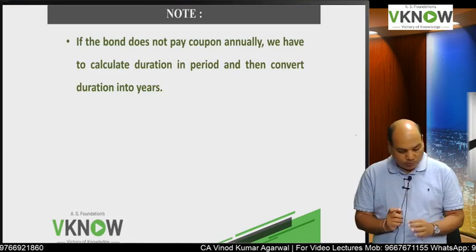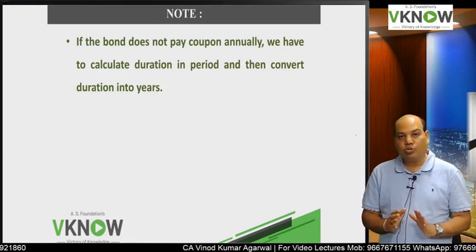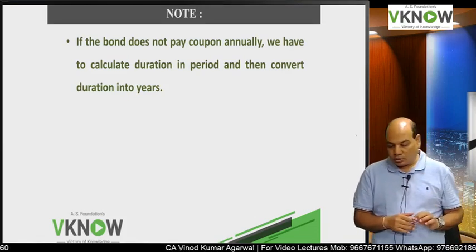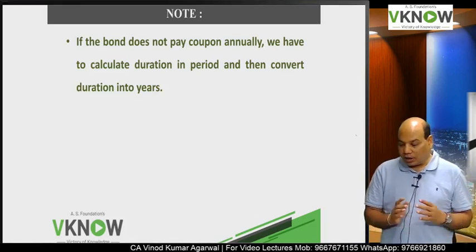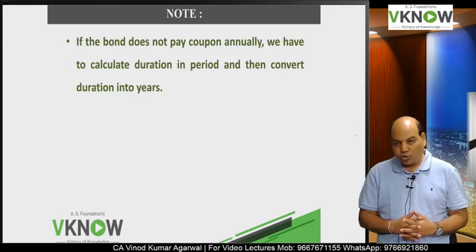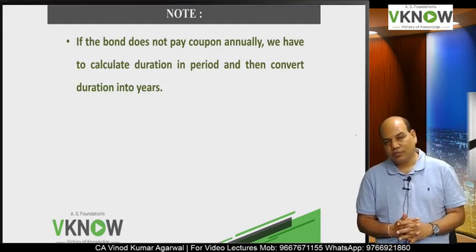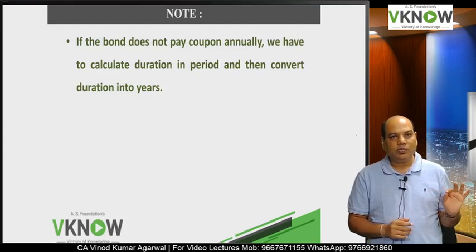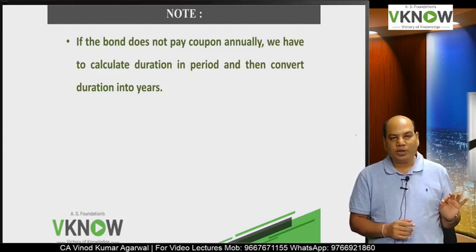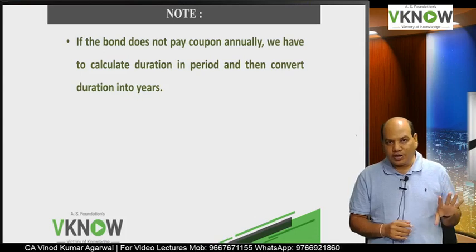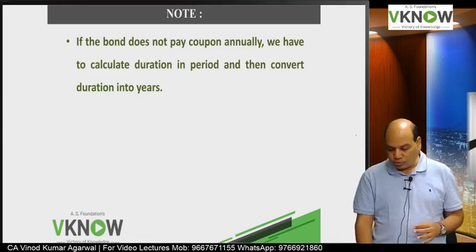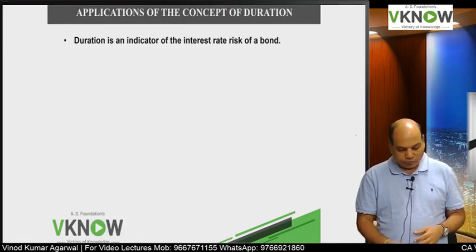So if the bond does not pay coupon annually, we have to calculate duration in period and then convert duration into years. So in case semi-annual bond or quarterly coupon paying bond is given, first calculate duration in periods and then convert into number of years.